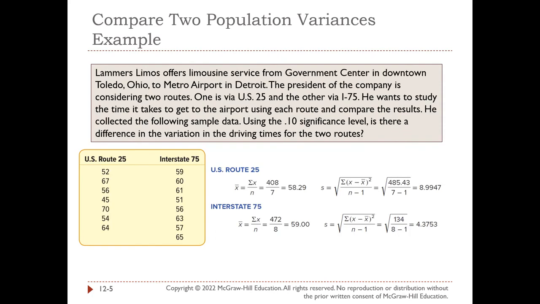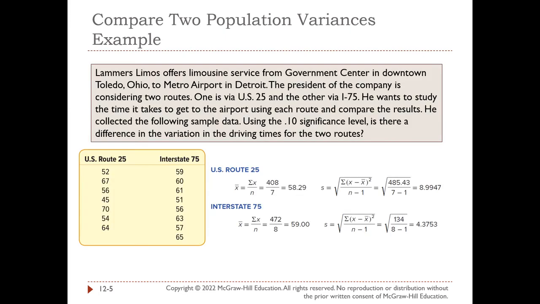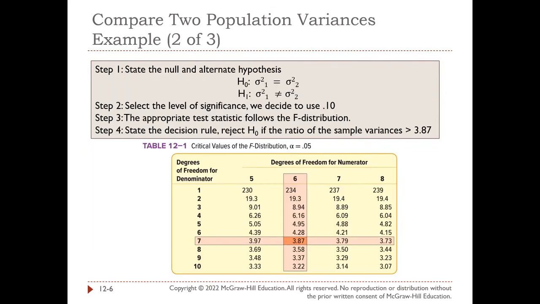Now, how did we get that? Okay, again, according to the F distribution formula, to find F, you have to put the largest one in the numerator. 8.9947 is bigger than 4.3753.